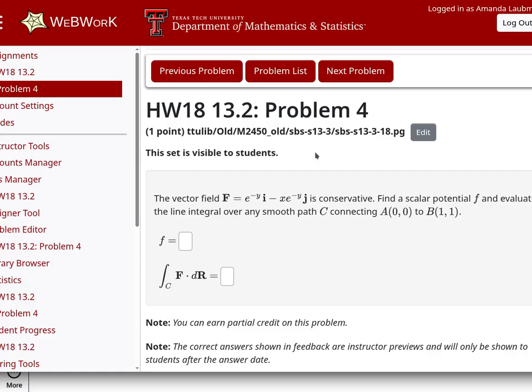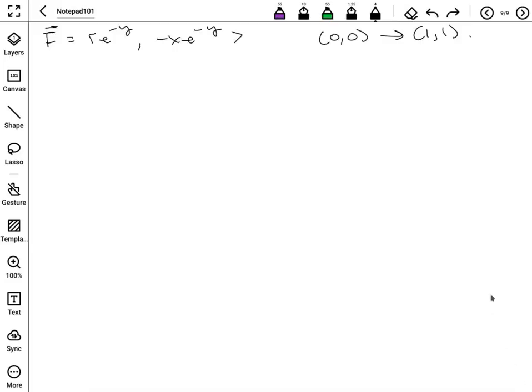We're told it's conservative and to find a scalar potential f to evaluate the line integral over any smooth path connecting these points, 0, 0 to 1, 1.